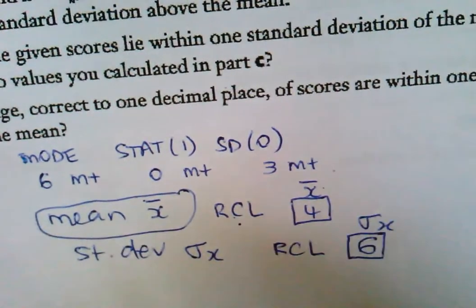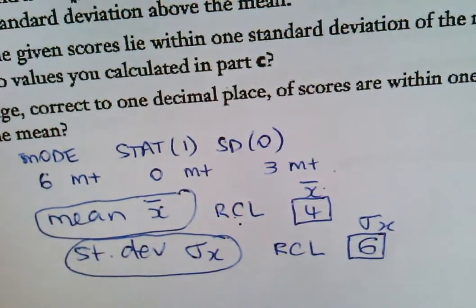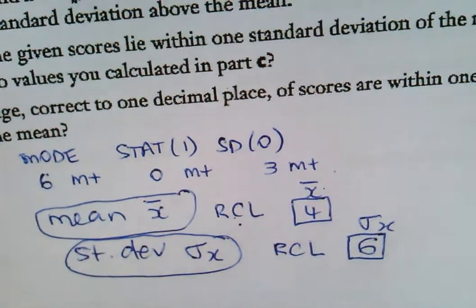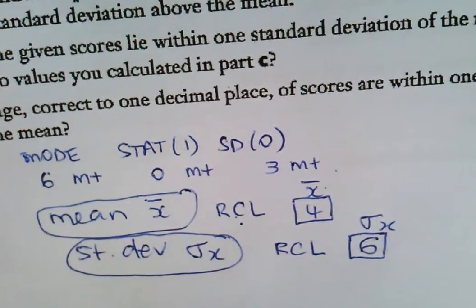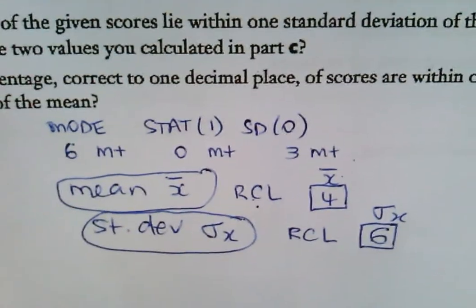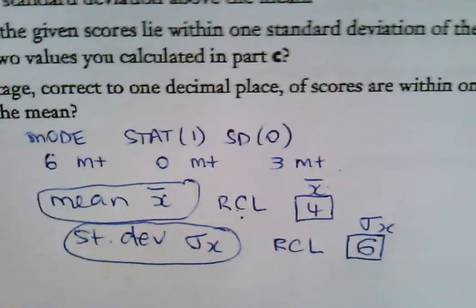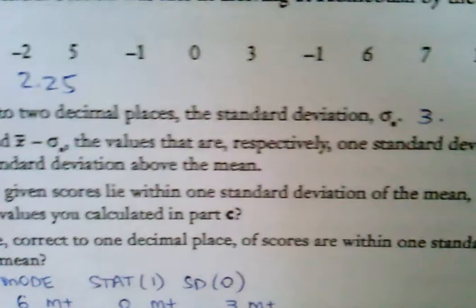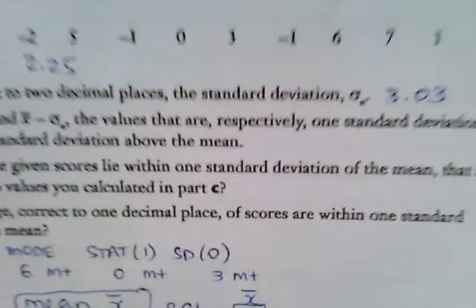To work out standard deviation, symbol is sigma x or sigma sub little n on your calculator, you press recall 6. Well, depends which button your sigma x is sitting on top of, and that should give you your standard deviation. And what is the standard deviation? To 2 decimal places, please. Anyone? Standard deviation, what do we get? 3.03 is the standard deviation.